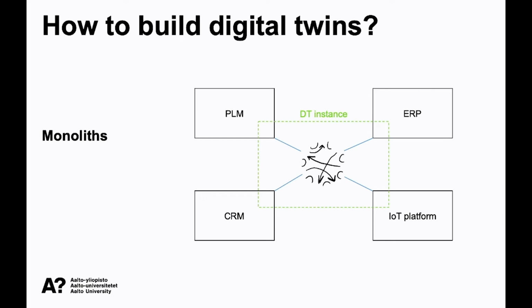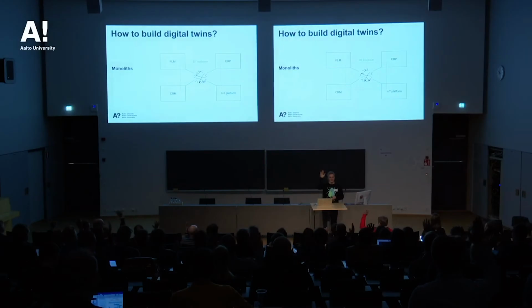So you can connect the systems together, and many companies have done that already. Many companies have integrated PLM and ERP together through some kind of API. How many of you know what API is? How many of you have heard of it? Yes, almost everybody. Nice.